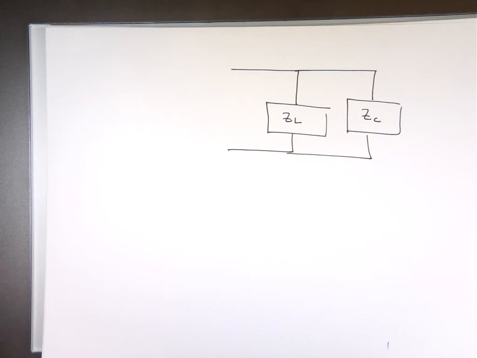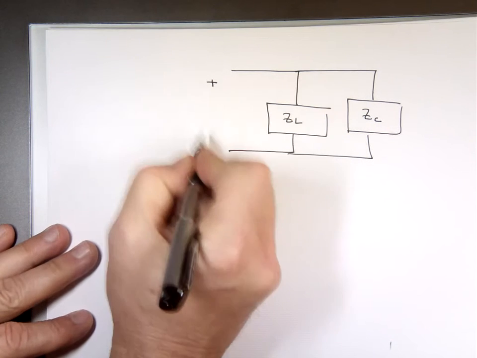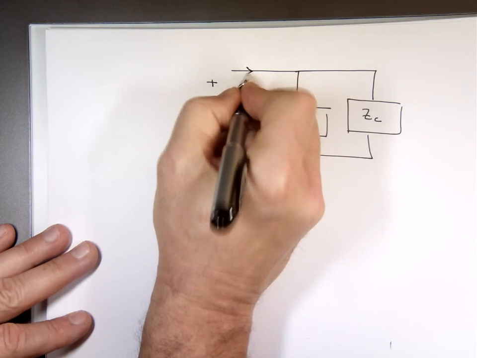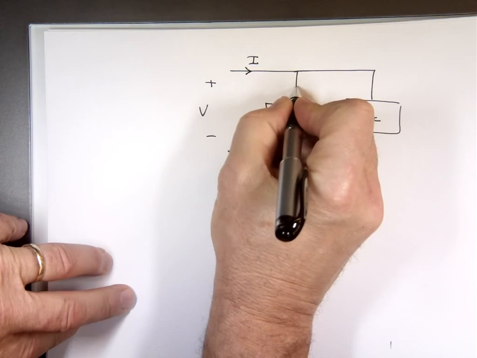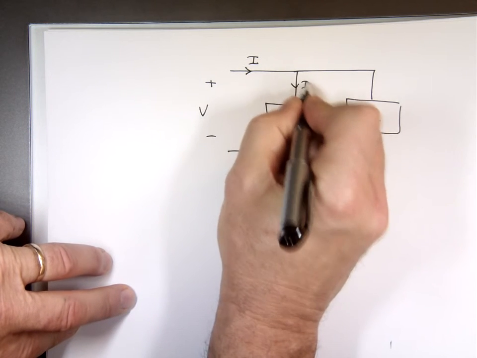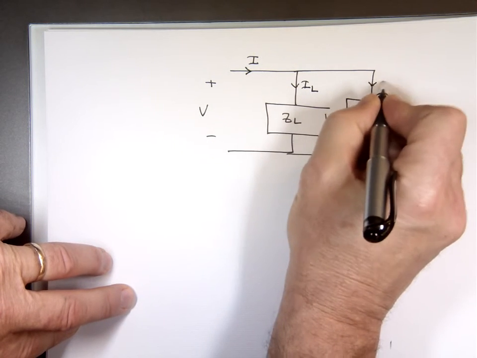And I put a voltage here, and there's my current I. If you look at this, we'll call this current I sub L. We'll call this current I sub C.